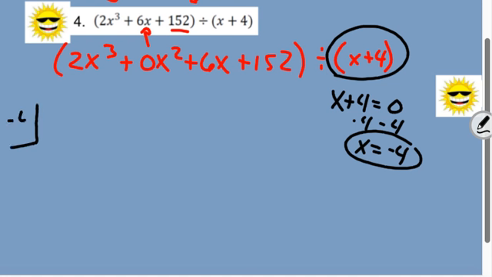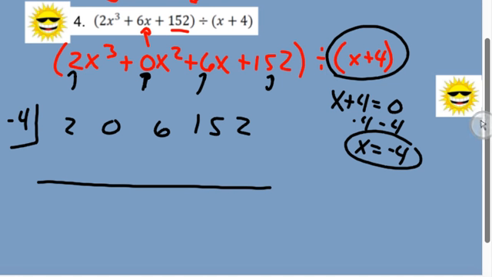We put that little negative 4 in this box over here. And then we list all our coefficients, the numbers in front of our x terms, and our constant, in order of decreasing degree. There was no x squared term here, so I had to put a 0x squared in here. So we got 2, 0, 6, and 152. Skip a space and start working your problem.